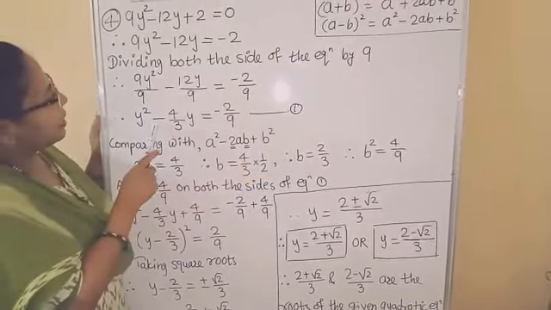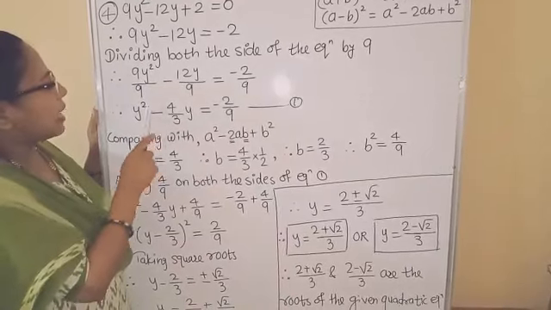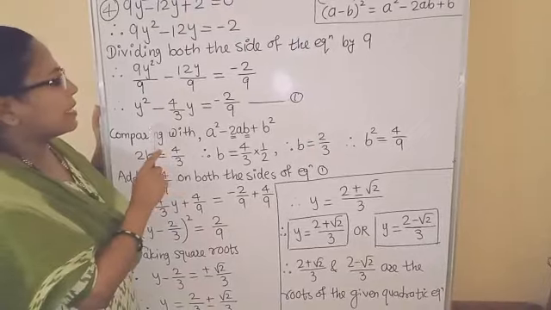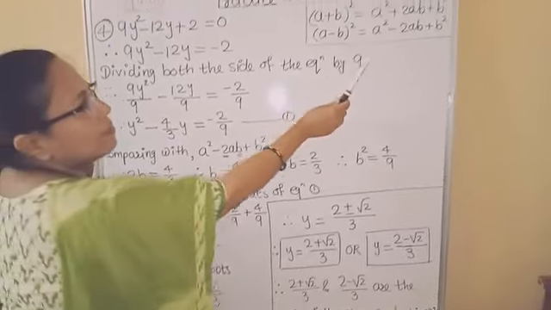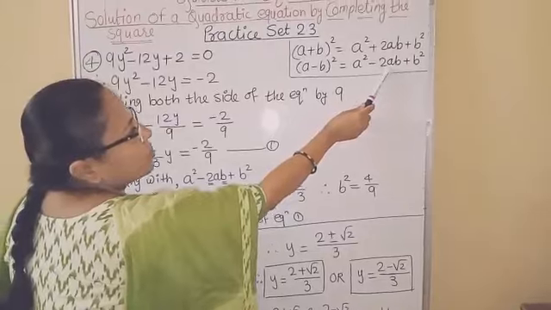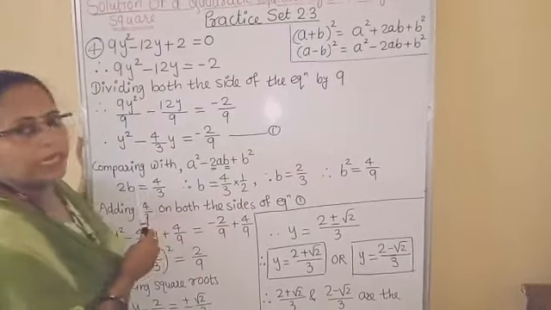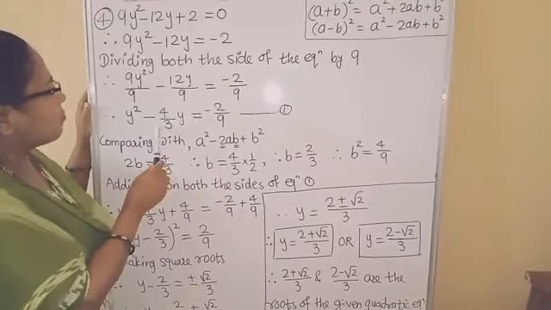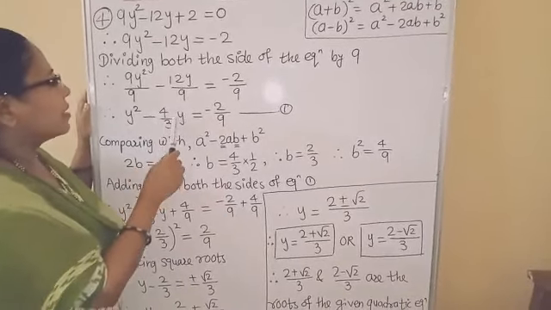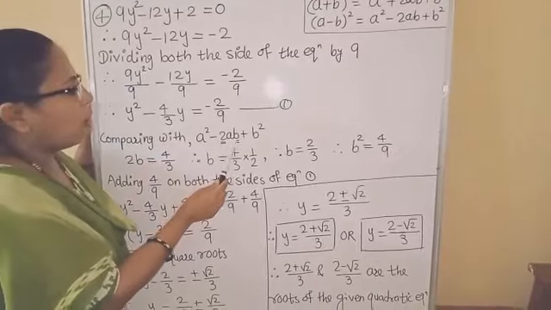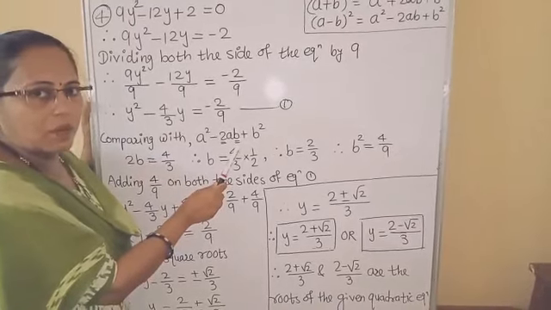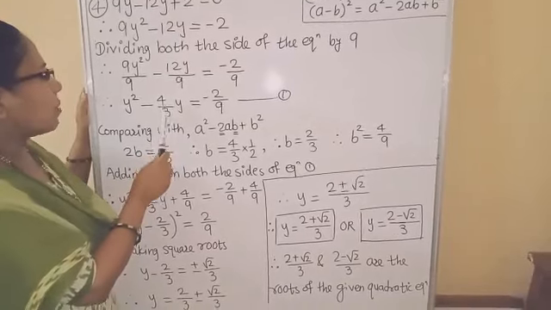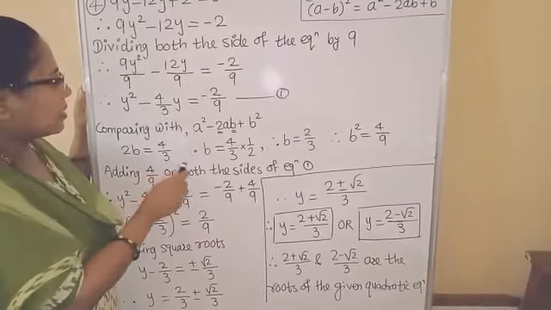Now student, here we have negative sign. So we have to compare this left hand side with the expansion a square minus 2ab plus b square. So as I told you, the coefficient of y is the value of 2b. So here 2b is equal to 4 upon 3.